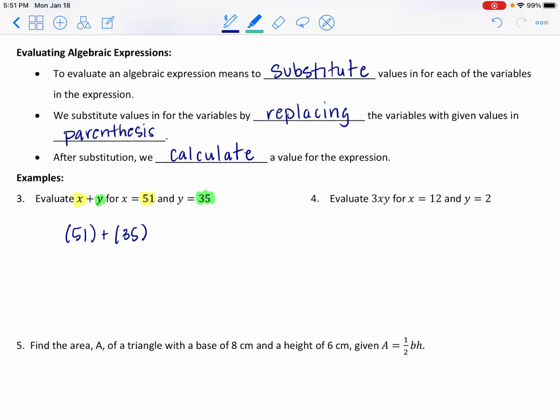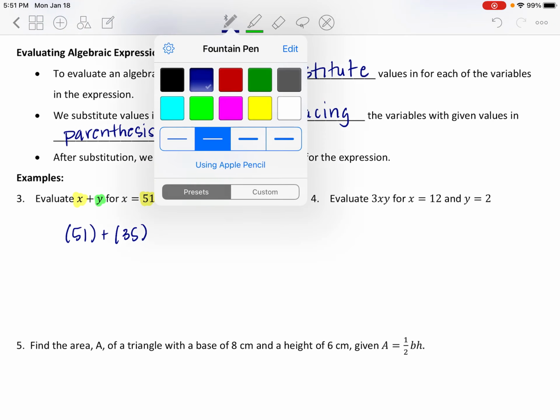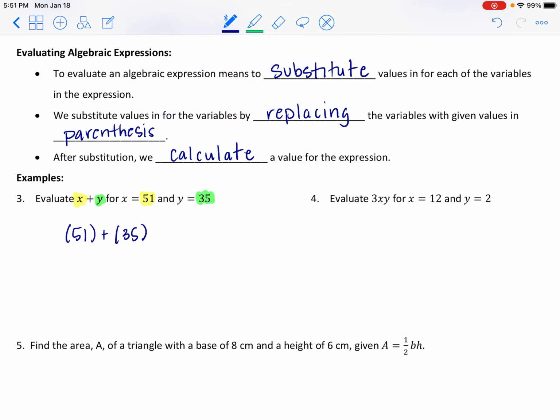Now it doesn't actually do anything to this particular problem. The 51 plus the 35 without parentheses is really the same problem. In any event, we calculate this and 51 plus 35 is going to be 86. So 86 is our answer.